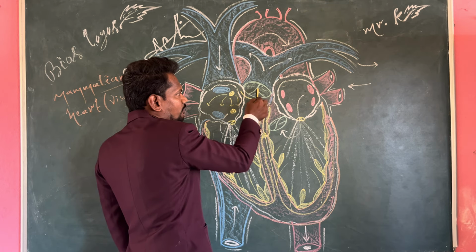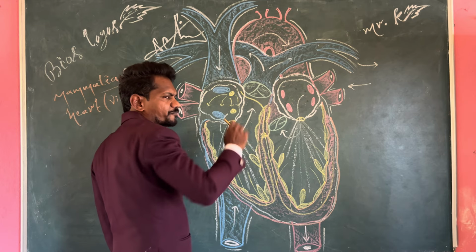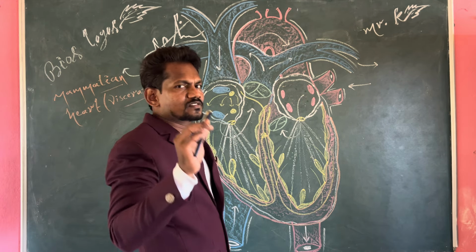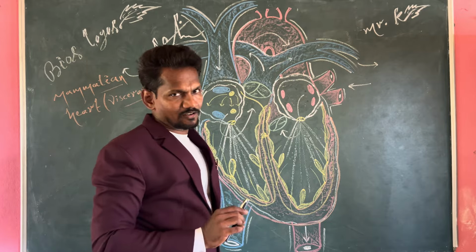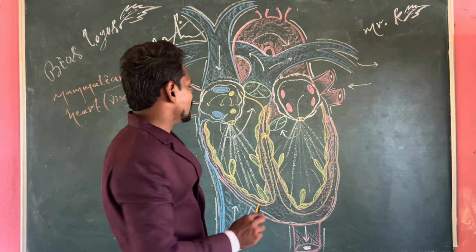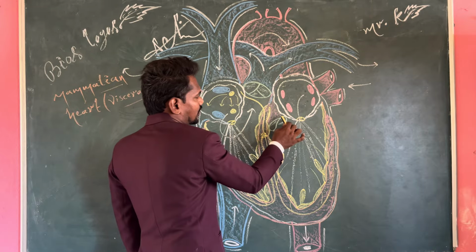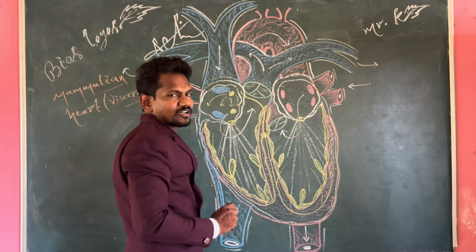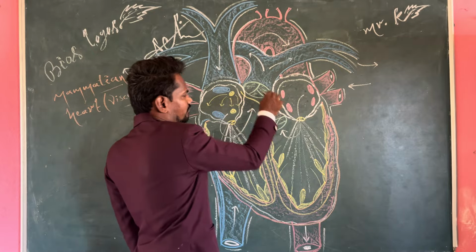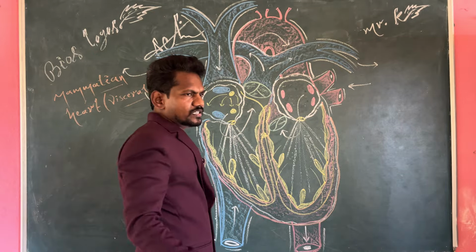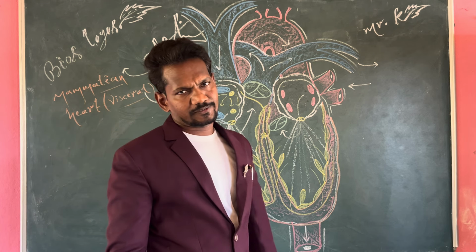The opening of the pulmonary arch is guarded by one semilunar valve, the pulmonary valve, and the opening of the main aorta is guarded by one more semilunar valve, called the aortic valve. The pulmonary valve and aortic valve together are called semilunar valves.